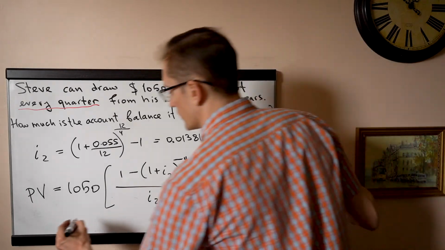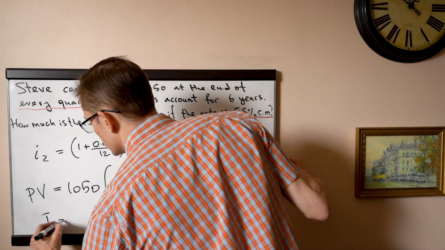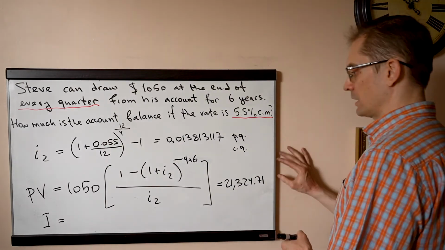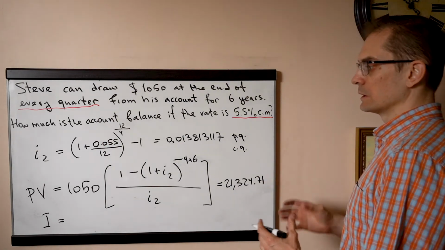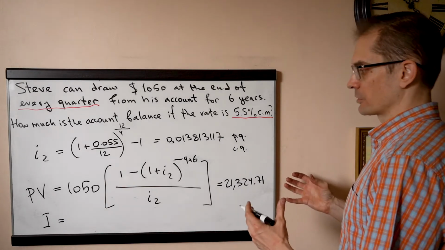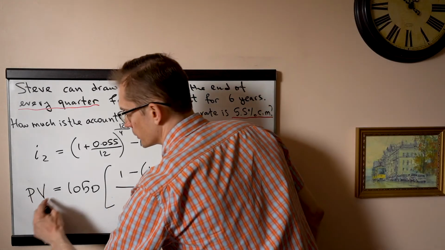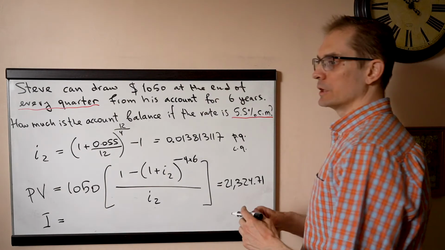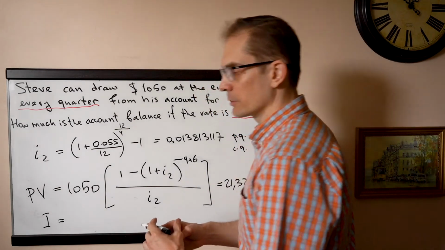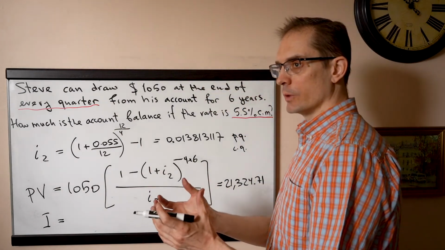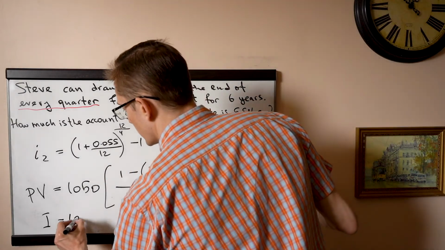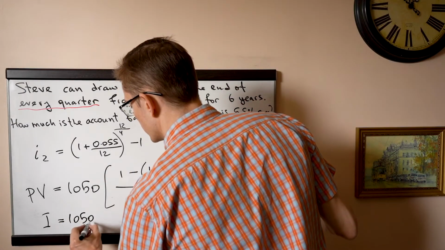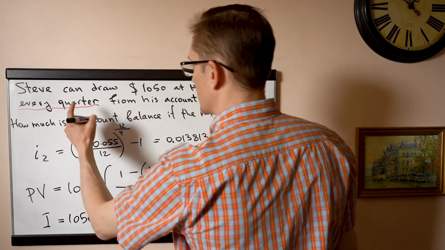Okay, so I remind you that in order to find interest, you will take all your payments combined, because it's a present value here involved, right? So in order to find interest, you need to compare all your payments combined with that present value. So all your payments combined will be 1,050 times, how many payments is that?